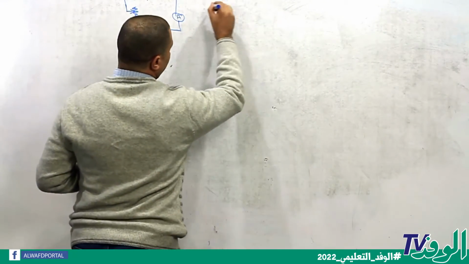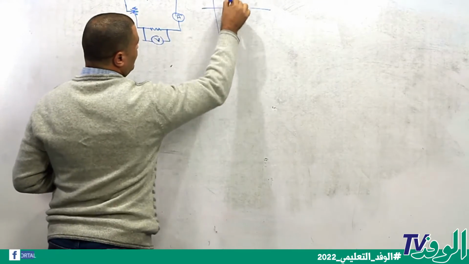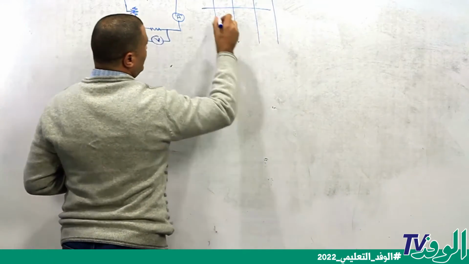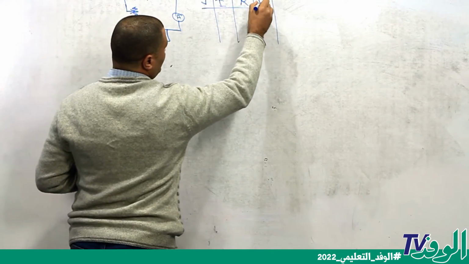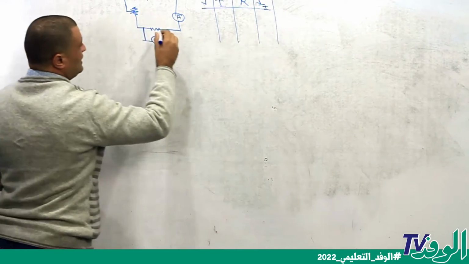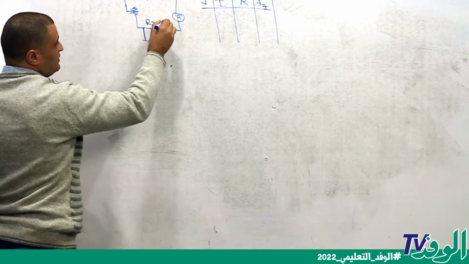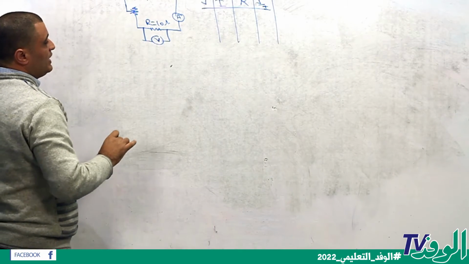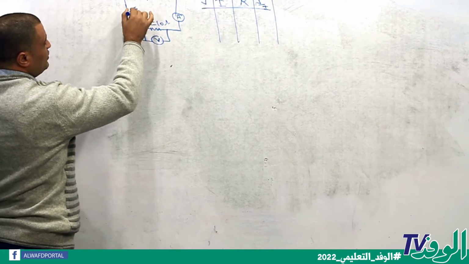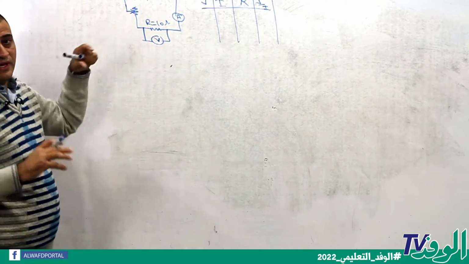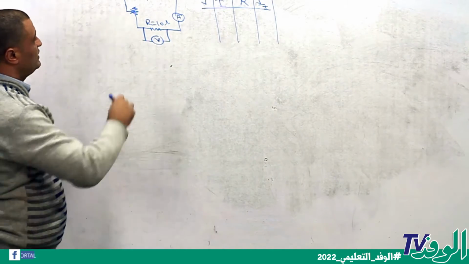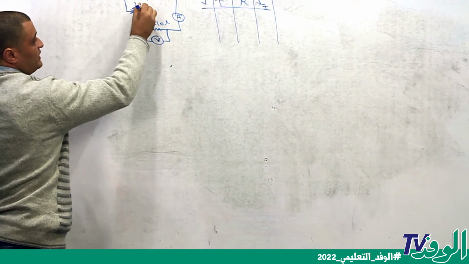Here we have V, I, R, and V over I. This is 10 ohm. Firstly, we will move the slider of the rheostat to obtain the highest value of the resistance RV.